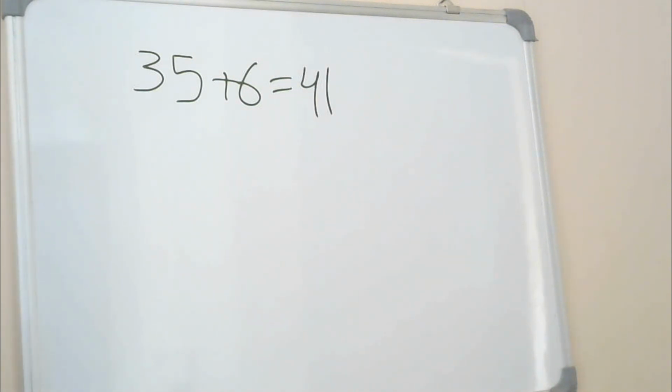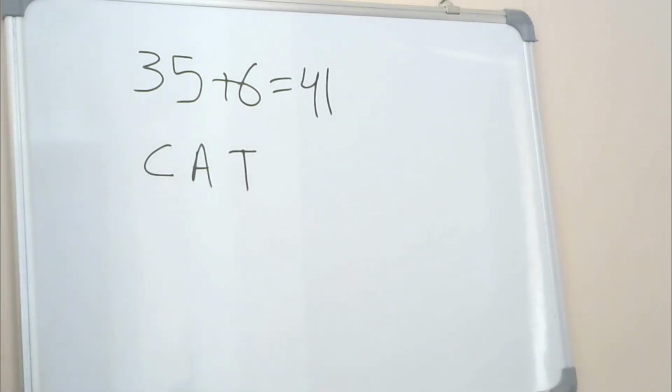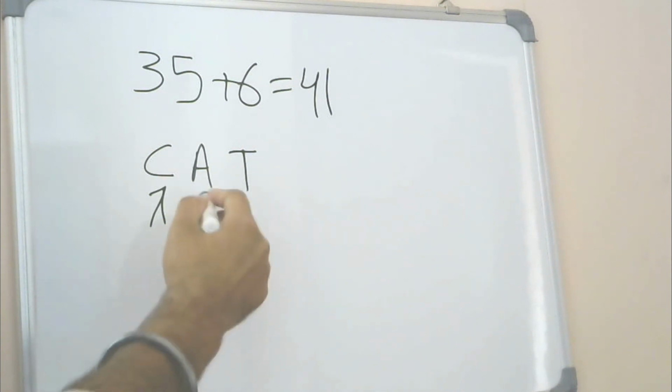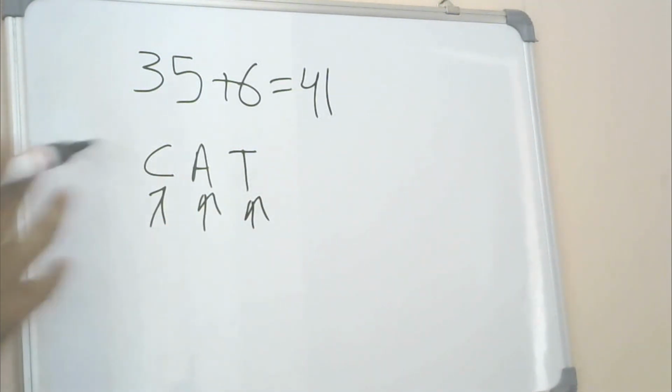When these laga matras or symbols are attached to a specific letter, they change the sound of the letter. For example, I have this word C-A-T. We say it cat. But if we pronounce the letters separately, I will say C, A, and then T. It will not be cat.